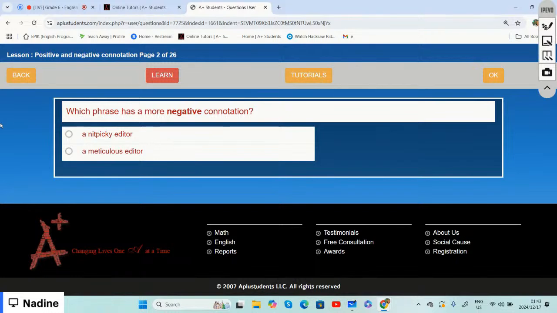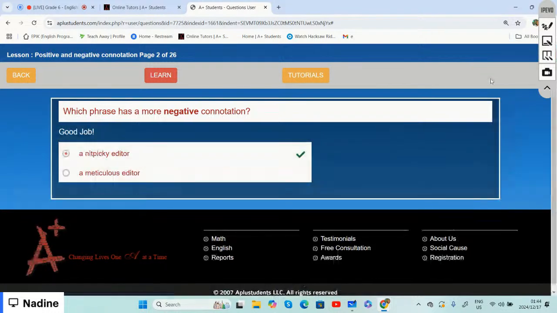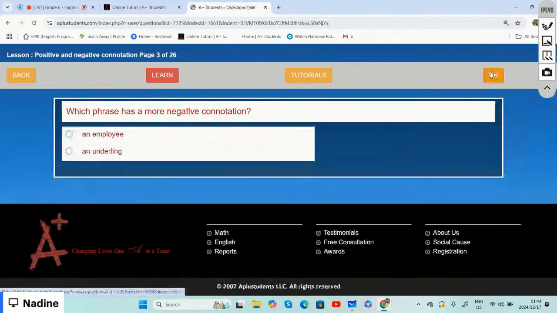And if we were to say which phrase has a more negative connotation, then we could say it is option one, which is a nitpicky editor.